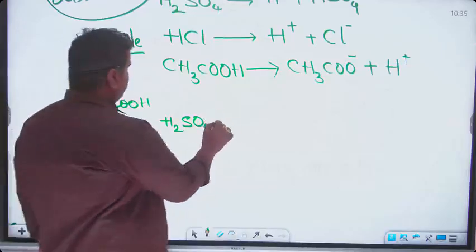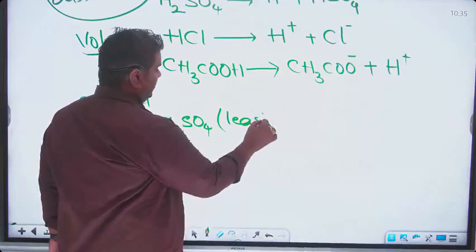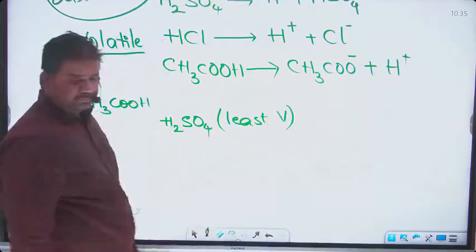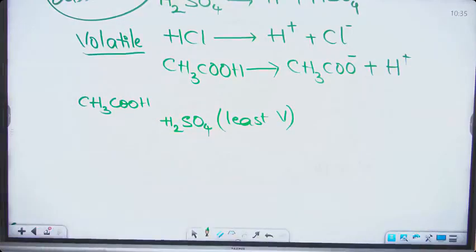If you want, you can write in brackets: sulfuric acid, least volatile. Sulfuric acid is least volatile and acetic acid is highly volatile.